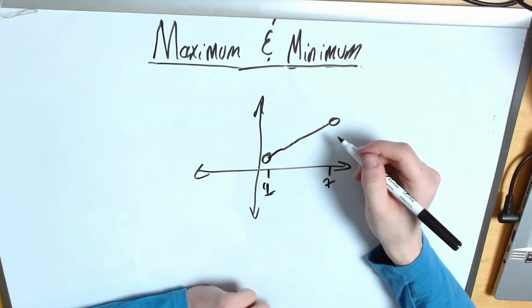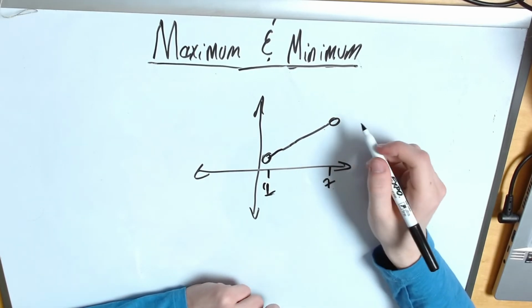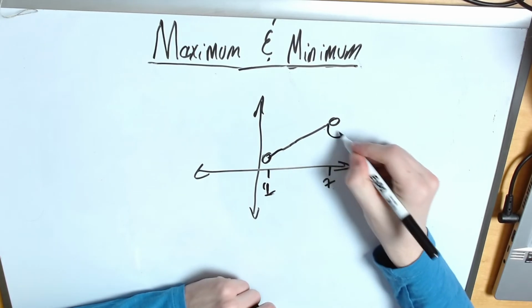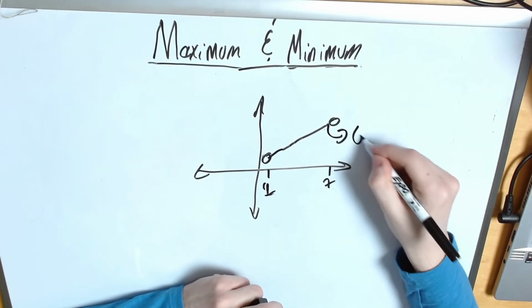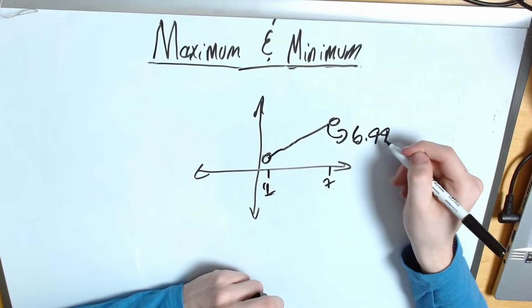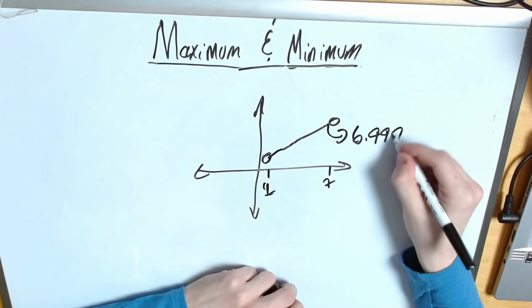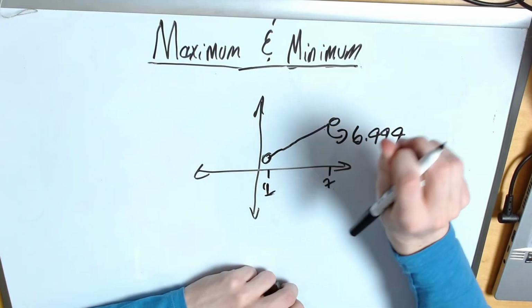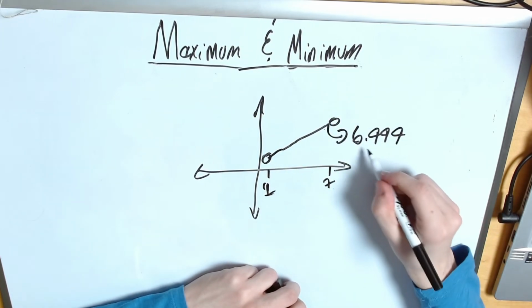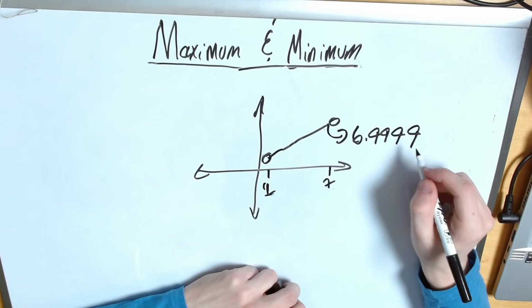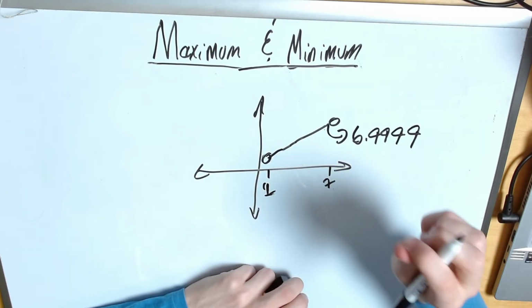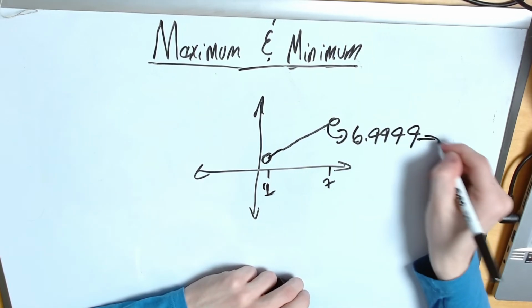When they don't exist at those points, we might say, oh, well, we just go one down and find our absolute maximum, so our absolute maximum is just 6.99. Well, that doesn't really work because I could also graph 6.999, and that would be a little higher. If I could graph 6.99999, that'd be a little higher than that, and on to infinity.